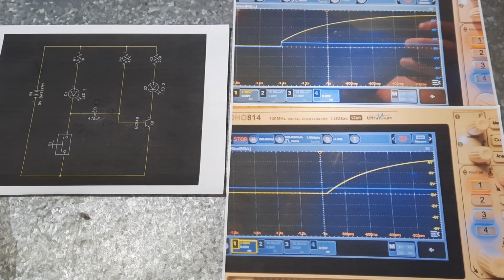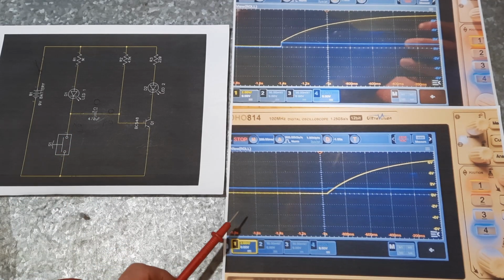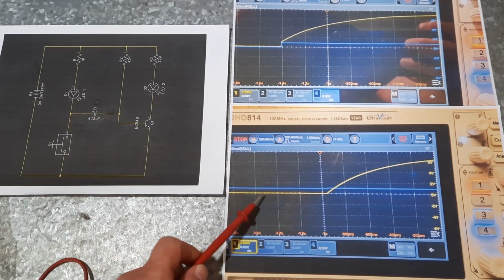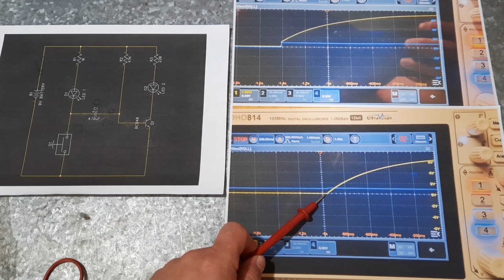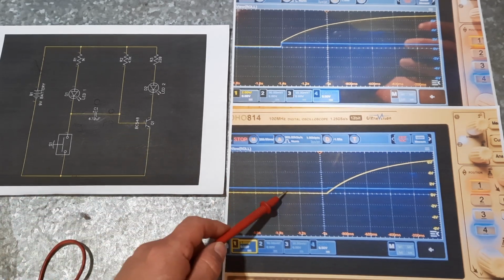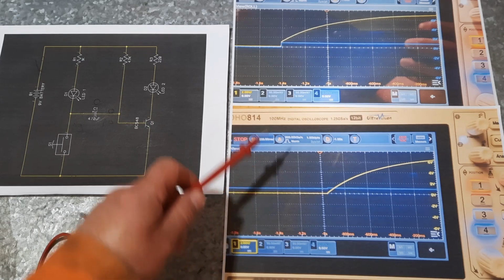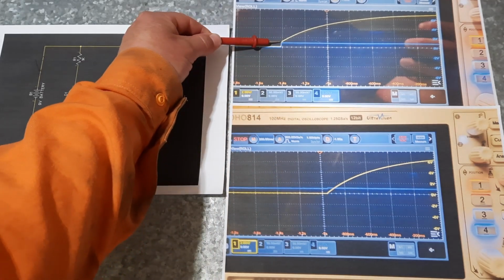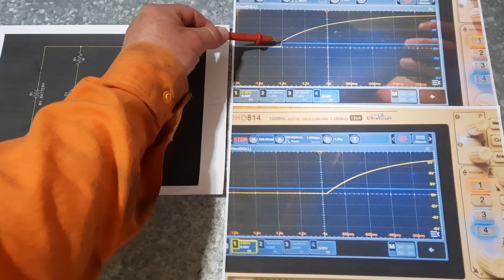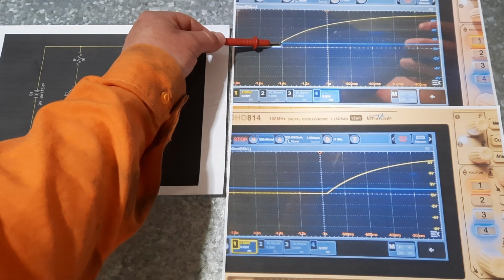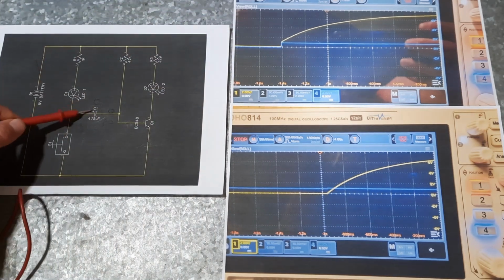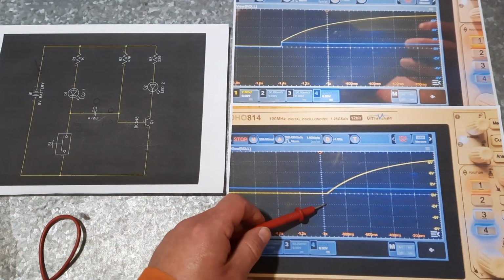Another way of looking at it is, if you want to know what charge is in this cap, you look at this yellow trace and then you minus the base emitter voltage from it. When we've powered it up, it's come up to here, so it's at the same as this. If that's 0.7, if you minus 0.7 from this yellow trace, you'll know how much charge is in that cap.